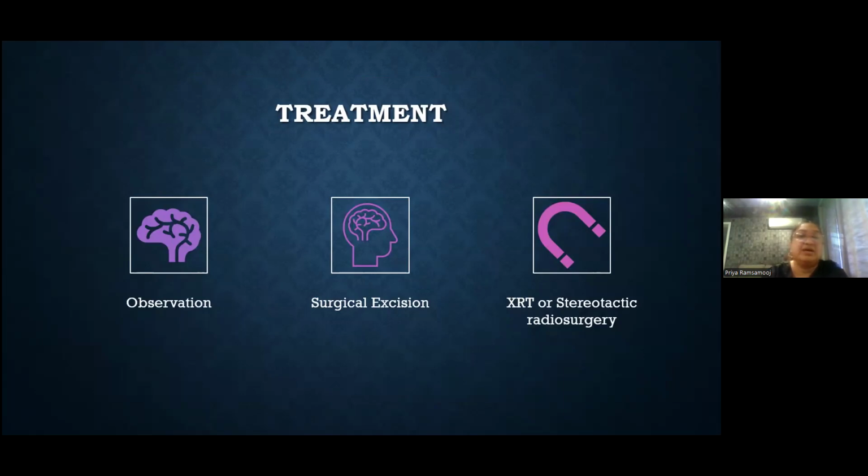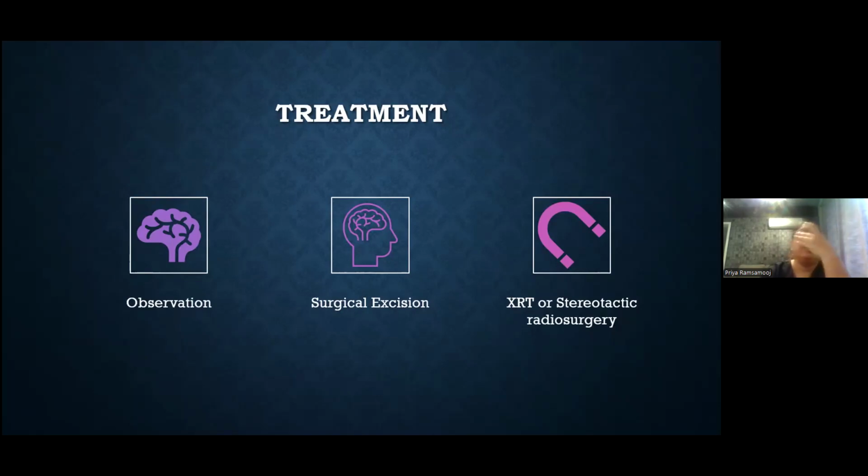Observation tends to be number one: if the patient is not terribly symptomatic in terms of focal neurological deficits or refractory seizures, then you can aim for observation. Outside of that, you have to look into surgical excision. And truthfully, as it pertains to stereotactic radiosurgery, it's not routinely recommended as a treatment option in these cases.